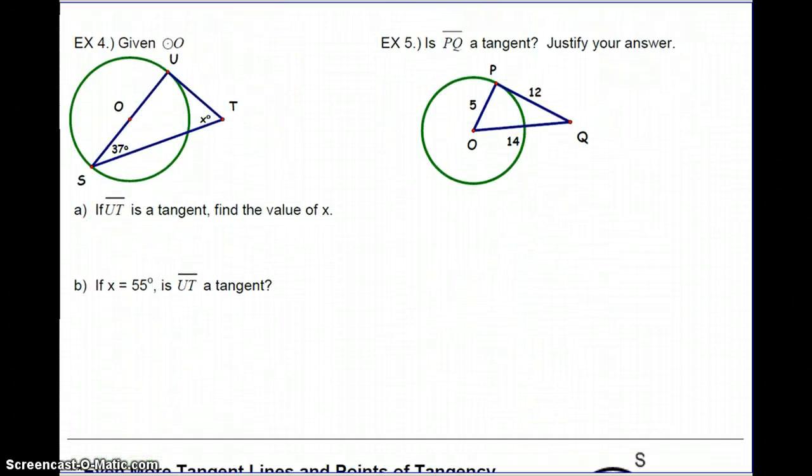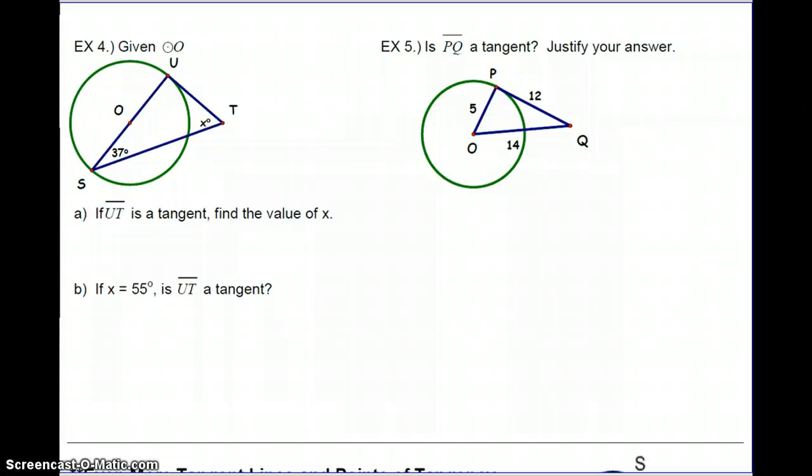Example 4. For example 4, we do have to take parts A and B separately. So I'm going to do part A in blue and part B in a different color. For part A, they're asking, if UT is a tangent, find the value of x. So they're telling us that UT is a tangent.